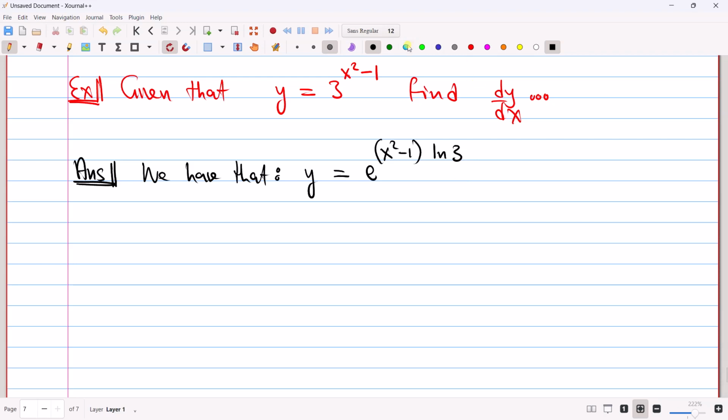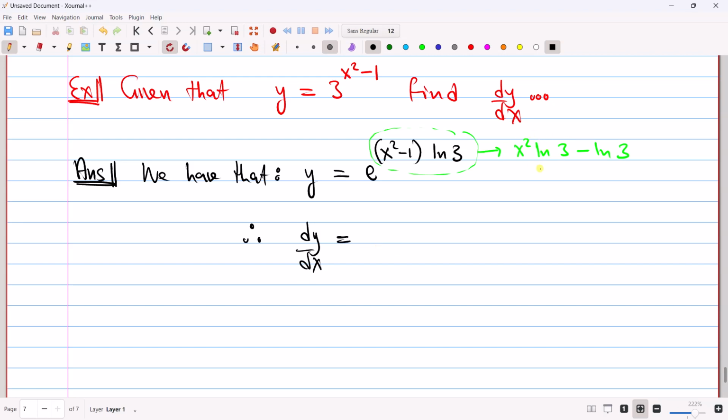Nothing must confuse you here, because if you expand the index, it will become x squared ln 3 minus ln 3. Every time you want to differentiate an exponential, the first thing is you begin by differentiating the index of the exponent.